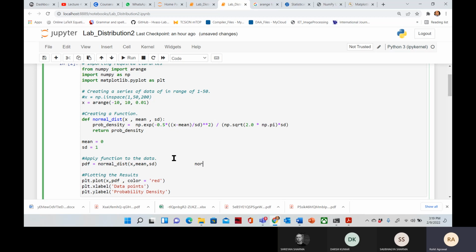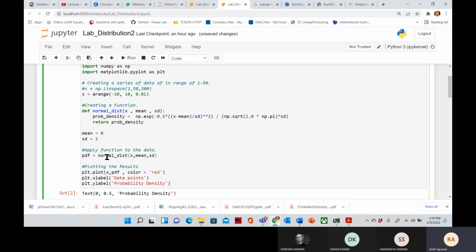Instead of calling norm.pdf, we are calling our own function, the normal distribution with x and mean. As in the previous one, we used 0 mean and 1 standard deviation, and we obtain the probability density function.